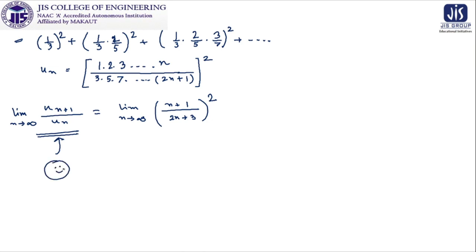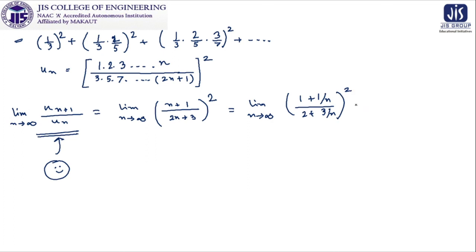This is given for un plus 1 by un, and after using the general procedure of finding out the limit, we can write it as 1 plus 1 by n by 2 plus 3 by n, that means dividing numerator and denominator by n.